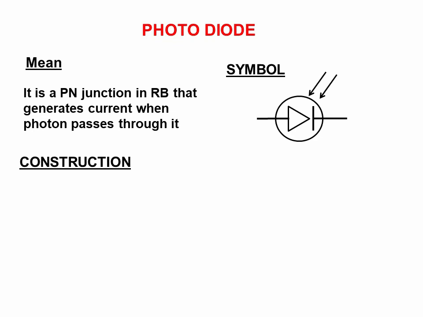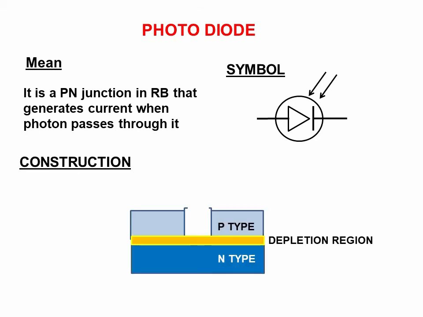Next, we study the construction of the photodiode. The PN junction is made with germanium or silicon or germanium phosphate or indium gallium arsenide materials. The middle portion of the top surface is transparent, where the radiation falls through this transparent portion of the photodiode and reaches the PN junction diode.